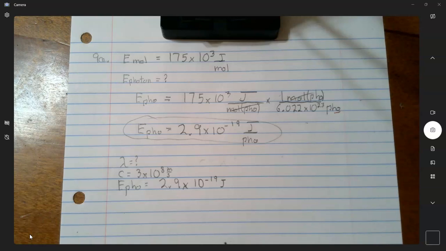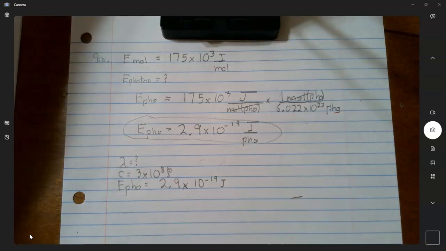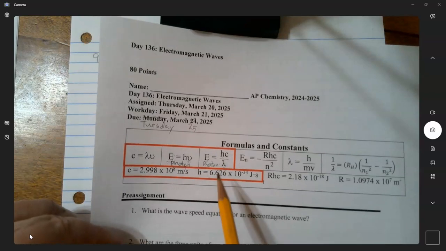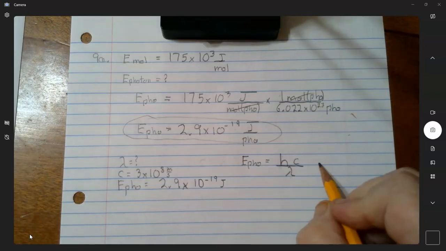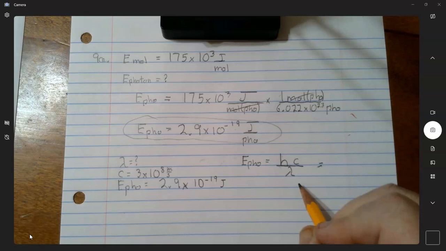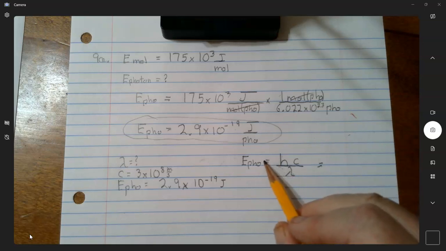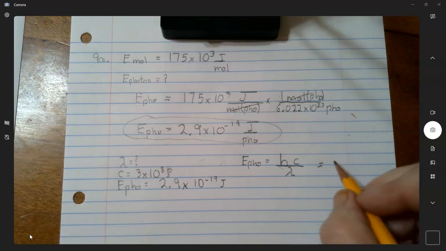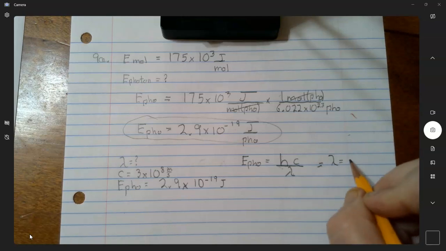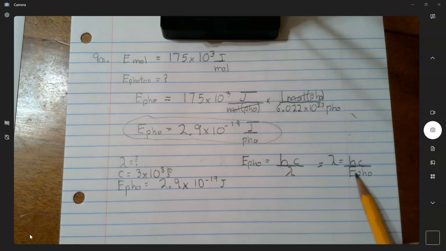So we're going to use this equation here. This one right here. Okay, we're going to come over here and we're going to multiply both sides by lambda and divide both sides by the energy of a photon, which we know. Okay, so if I confuse you with the algebra, I divide it by this, I multiply by this, and you end up with this equation here. We know all of these.